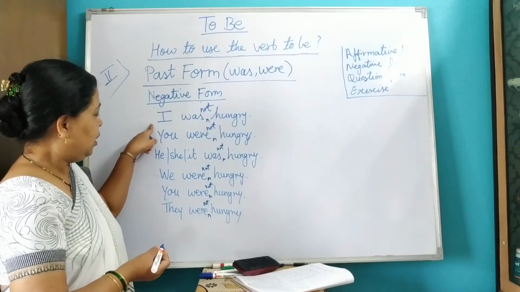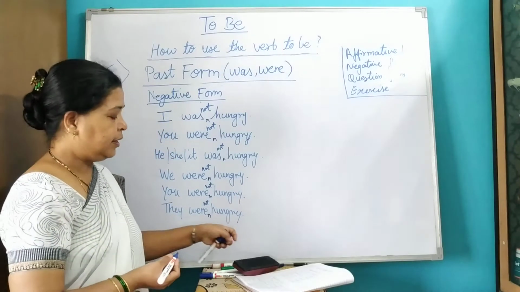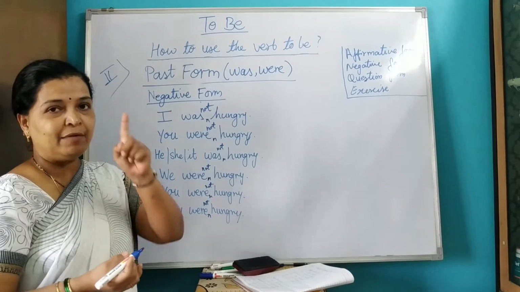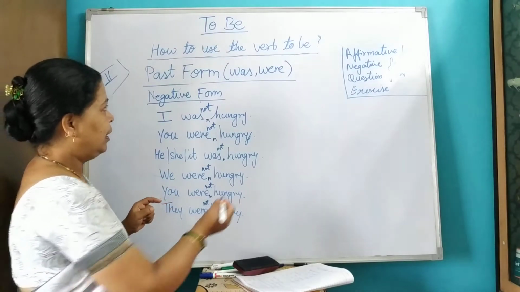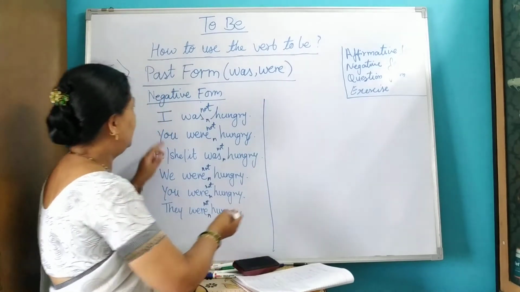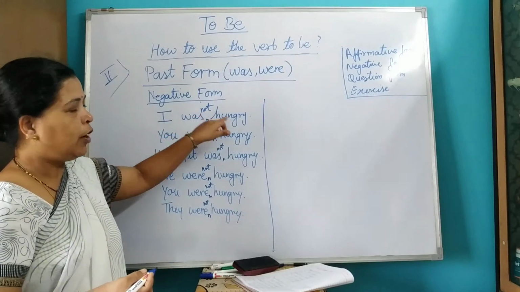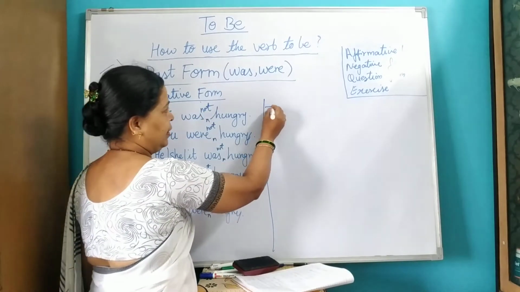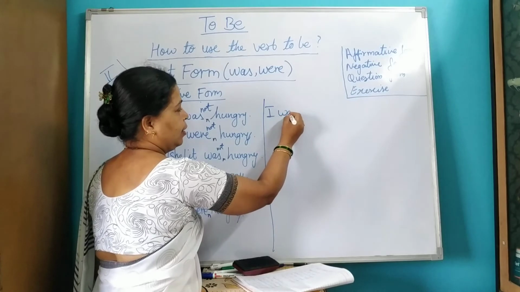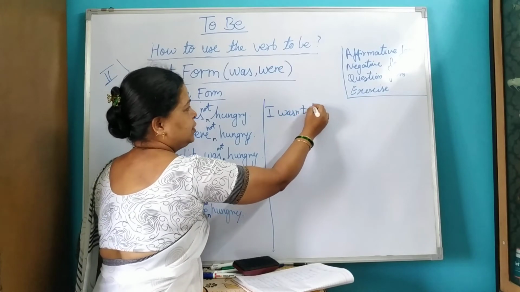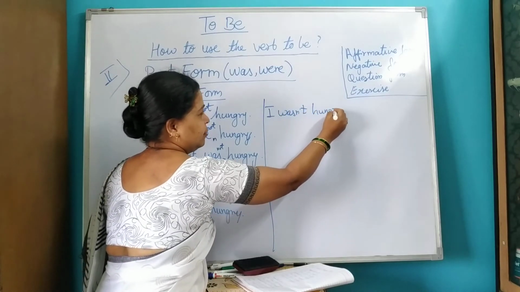Now, all this you can also write in the contracted form. We have only one contraction over here. Like, I was not hungry. You can write like this. I wasn't hungry.